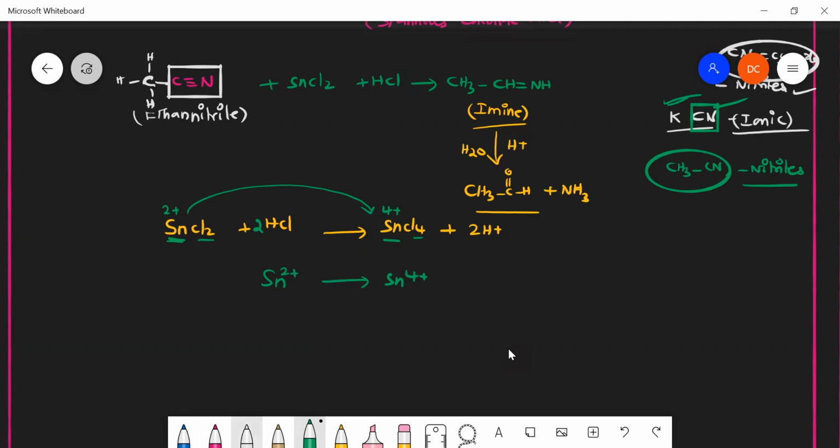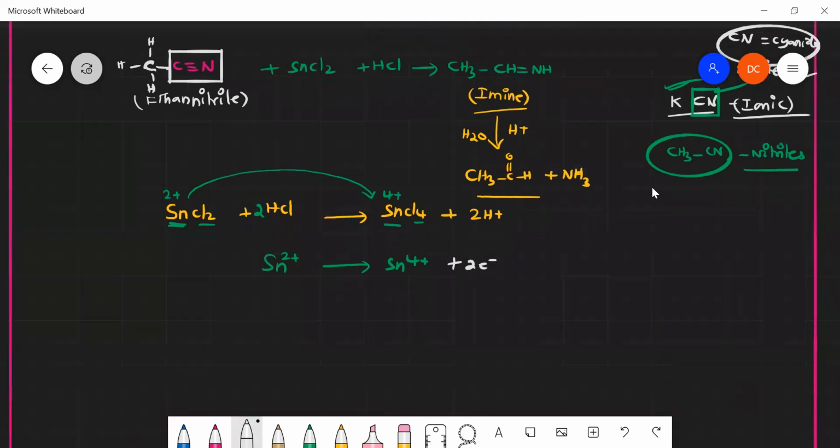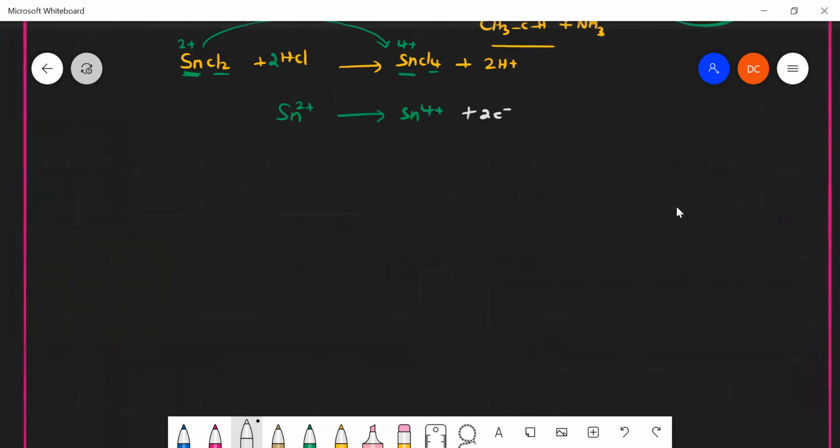What kind of reaction is this? Oxidation. If it is an oxidation, there will be an elimination of electrons. Okay. So now our electrons are going to react with our reactant. Our reactant is CH3C triple bond N. That is going to react with the 2 electrons. What does it form? It forms like this.